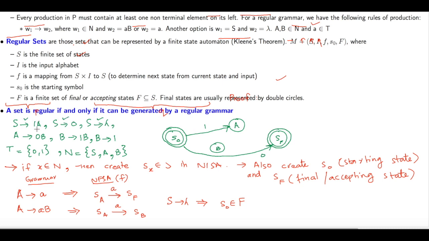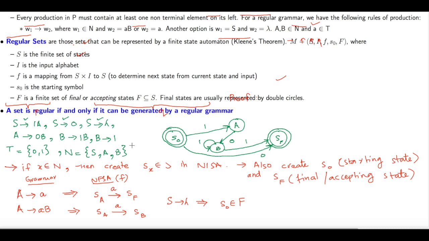Then A goes to 0B, so at an input of 0, I go from A to B. B goes to 1B, meaning at an input of 1, I stay here. And B goes to 1, meaning at an input of 1, I go to the final state. So this is the corresponding finite state automaton for this grammar.